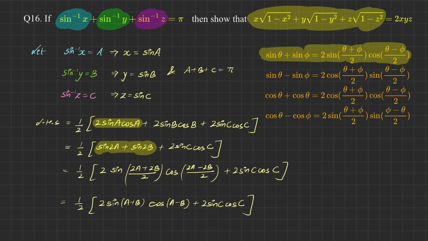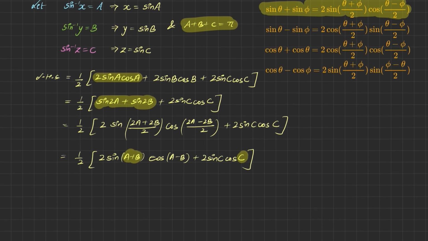So now in the next step, I will be replacing this a plus b as pi minus c, because a plus b plus c equals pi here, and this particular c as pi minus a plus b. Okay, so we will have half 2 times sine pi minus c cos a minus b plus 2 sine c cos, in place of c I will write pi minus a plus b.